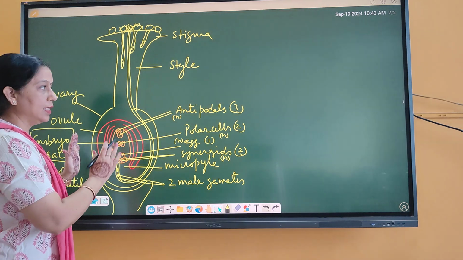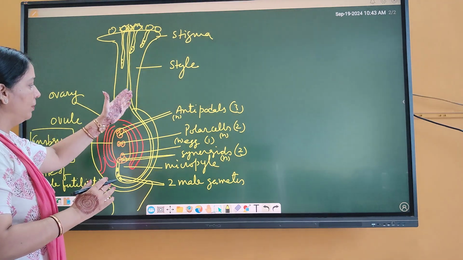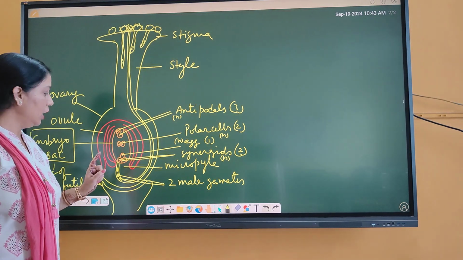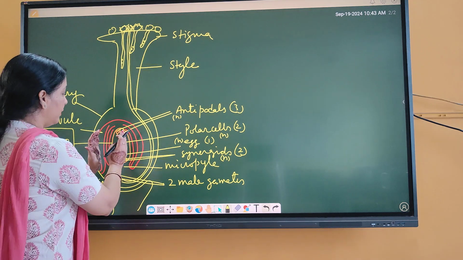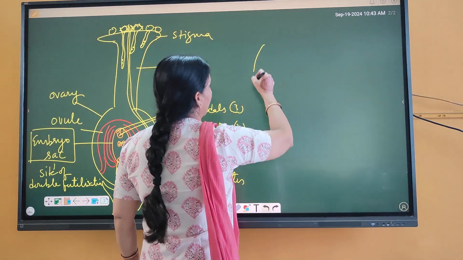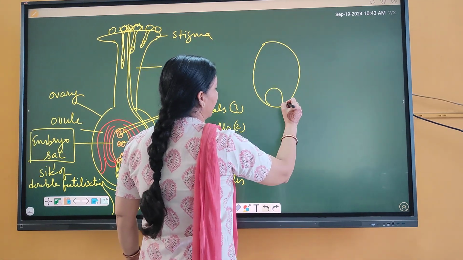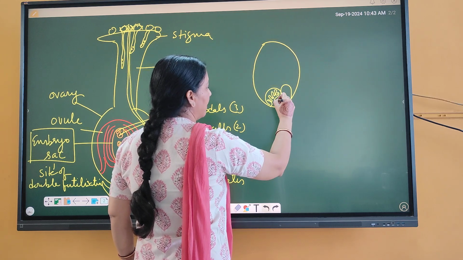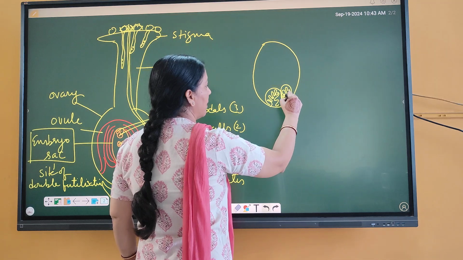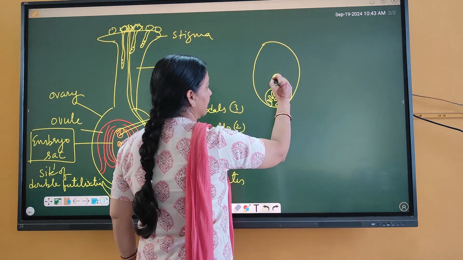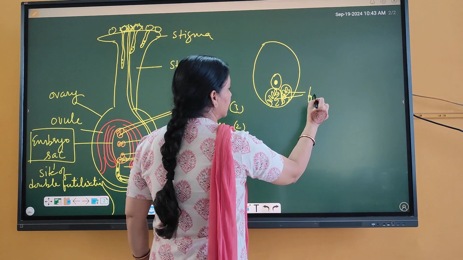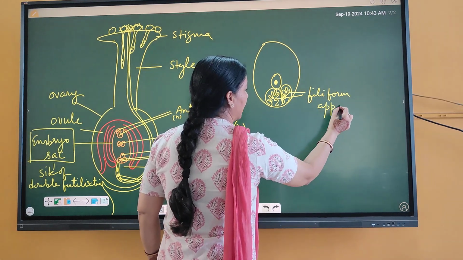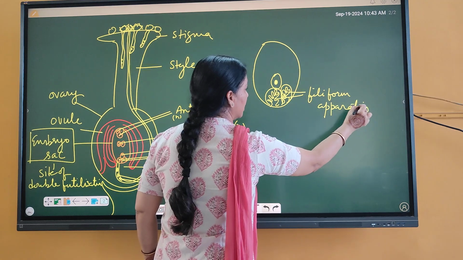synergids. This is the situation when the pollen tube is growing downwards, moving towards the ovule, and takes entry through the micropyle. Now in the embryo sac we have 2 synergids, and these synergids contain an apparatus known as the filiform apparatus, and here we have the egg. This filiform apparatus has a very important role in fertilization.